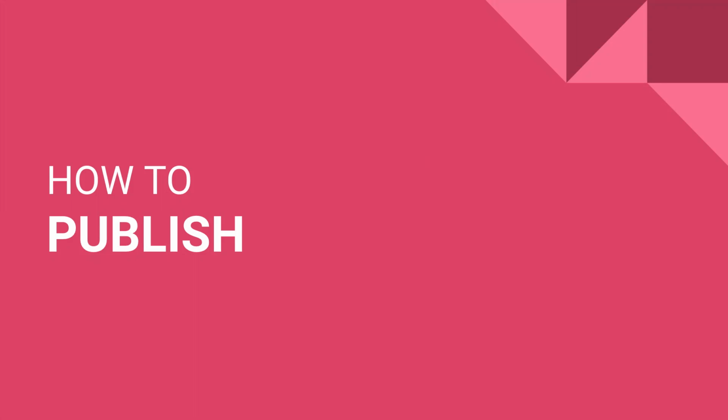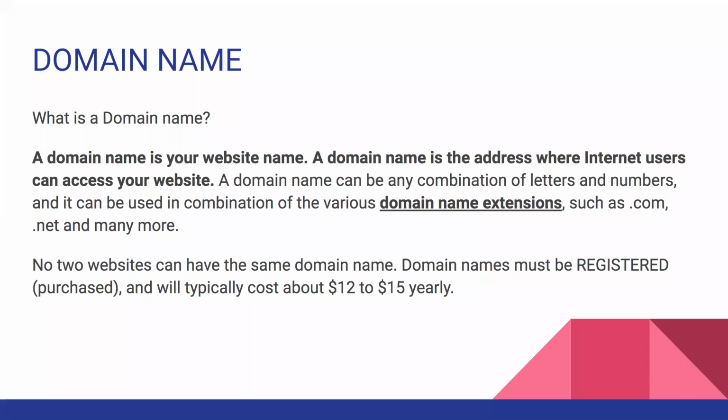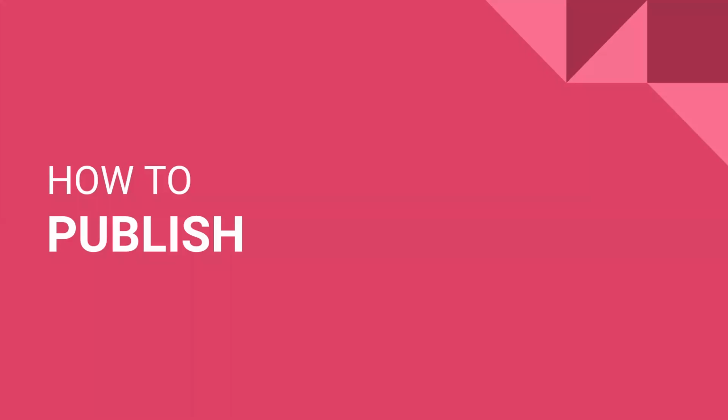It's not actually that complicated. It's just you need to know how to do it, right? So before I teach you how to do it, I need you to learn some terminologies and some meanings, okay? Domain name. Who has heard about what a domain name is?